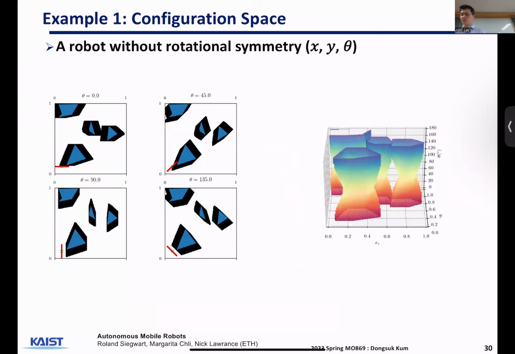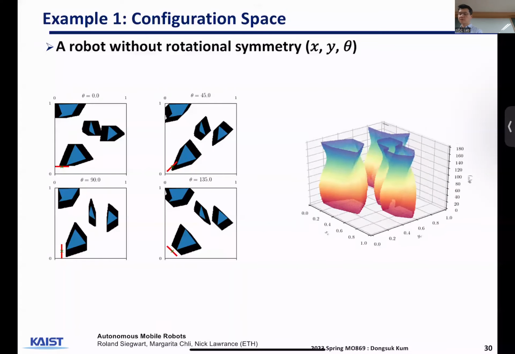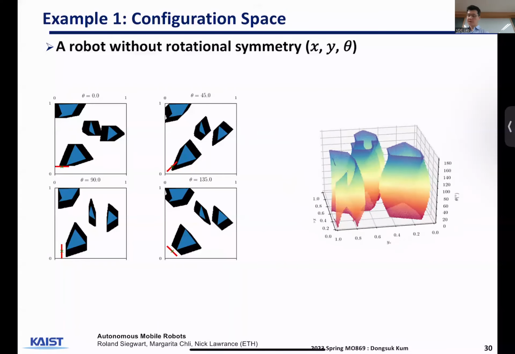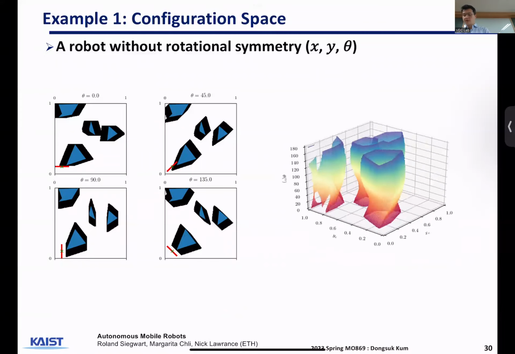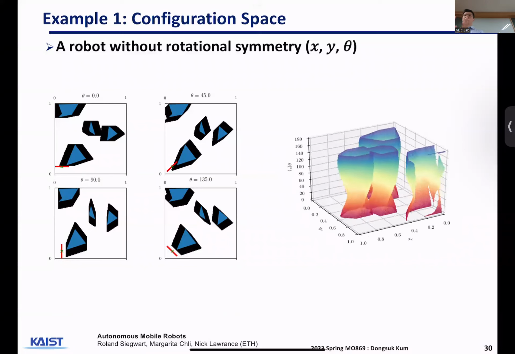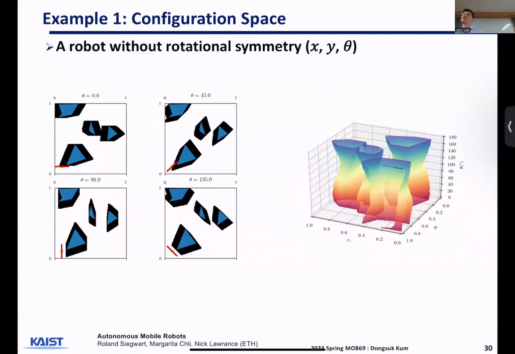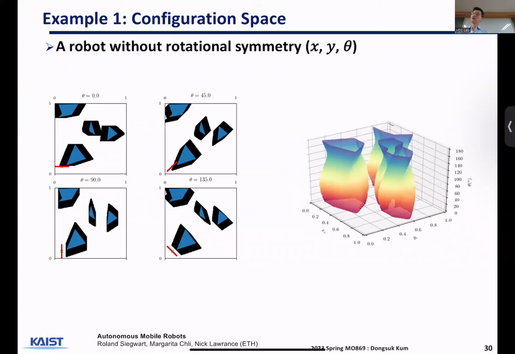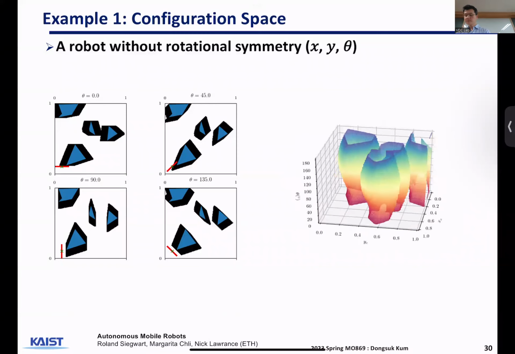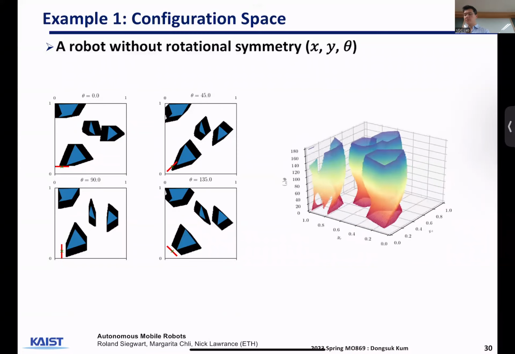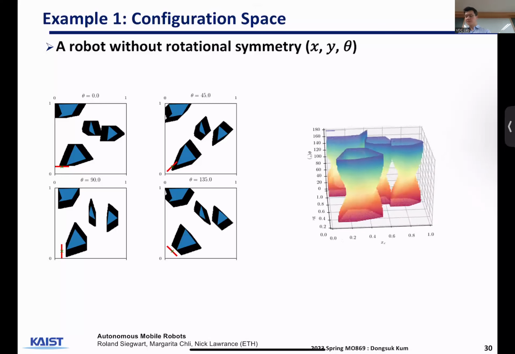And here's more examples of configuration space. A robot without rotational symmetry. So if there's a robot with, let's say, long arms like this, then obviously orientation of the robot will be important when it comes to collision avoidance, right? And that has impact on the configuration space. And as you can see in this figure, depending on the robot orientation, you can have different configuration space.